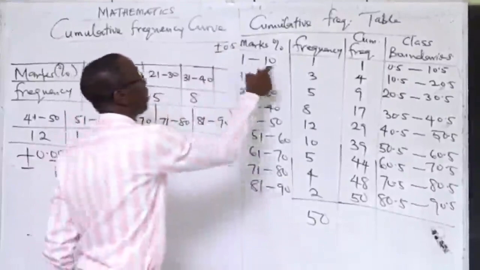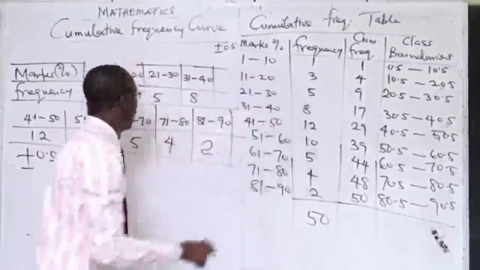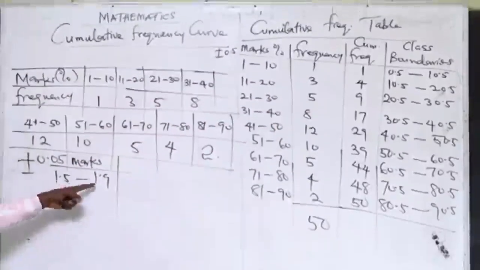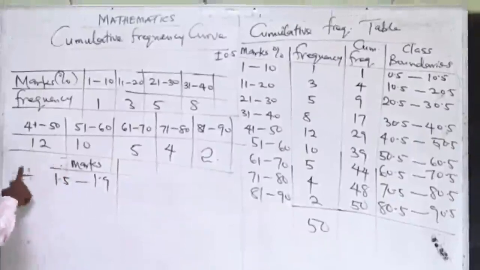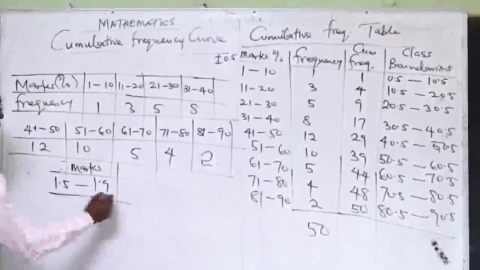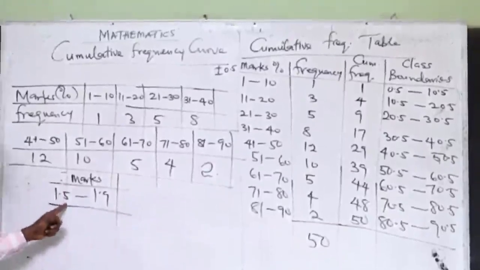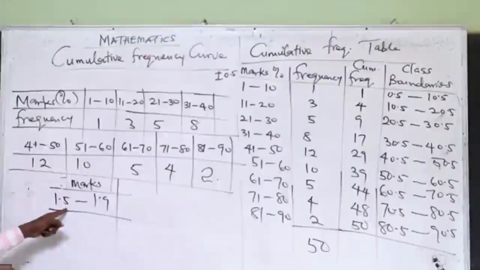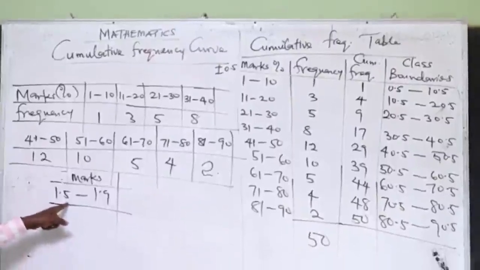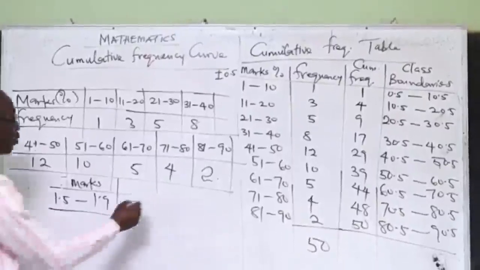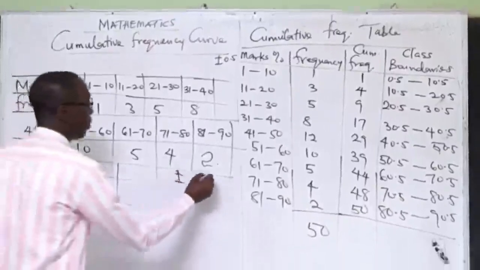One. Is there any place of decimal in the whole numbers? No. But here, the max is already at one place of decimal. So you cannot use plus or minus 0.5 again, because 0.5 is also one place of decimal. You must increase it. And that is why we are using plus or minus 0.05.